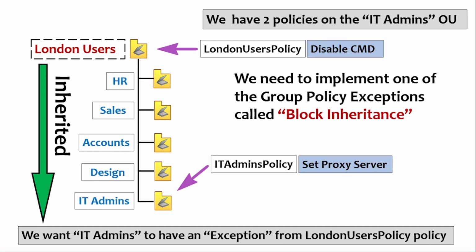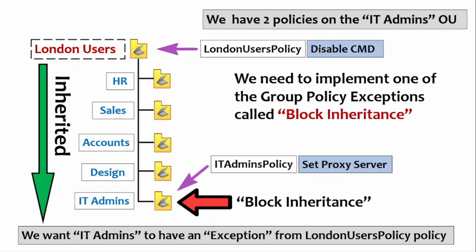To achieve this task, we need to implement one of the group policy exceptions called block inheritance. We'll block the inheritance at the IT admins OU. When we block the inheritance at the IT admins OU, all the policies which are coming from the top will be blocked at the IT admins OU.